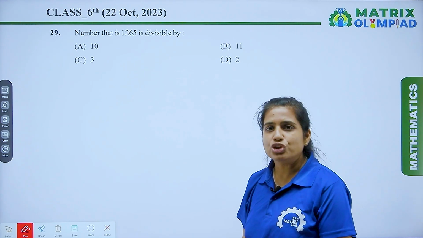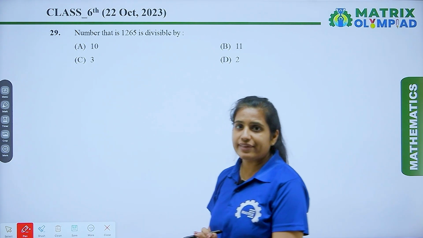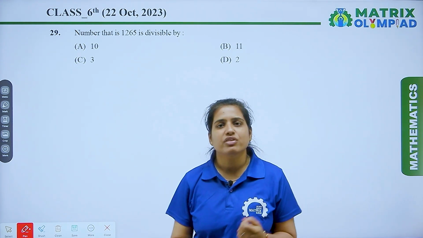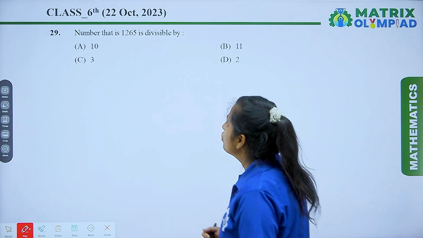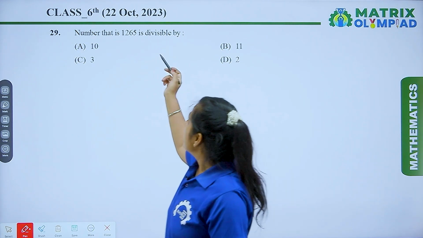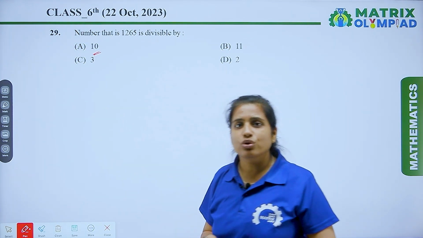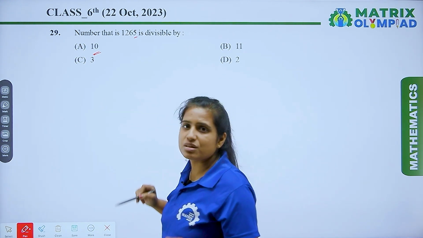Now the next question is question number 29. Find the number that 1265 is divisible by. We have to find out a number which exactly divides 1265. So here, let's check the divisibility rule of 10. According to the divisibility rule of 10, the last digit, or we can say the unit place, must be 0.